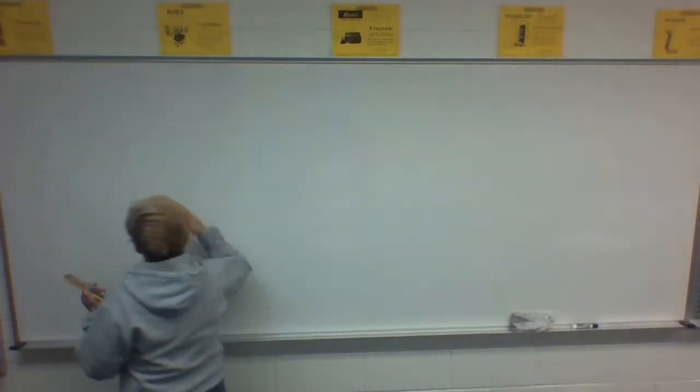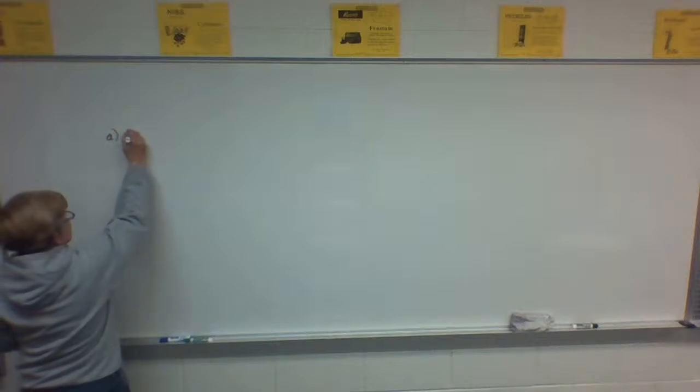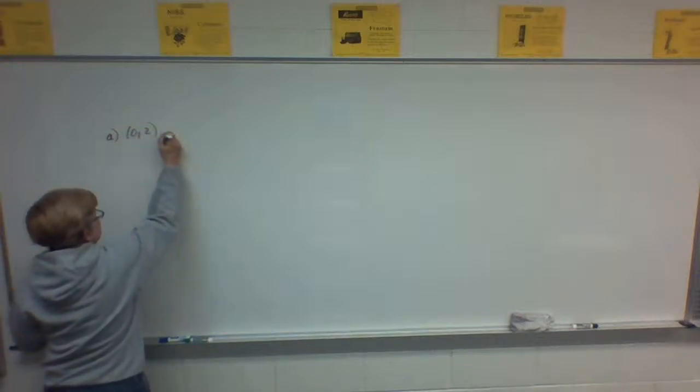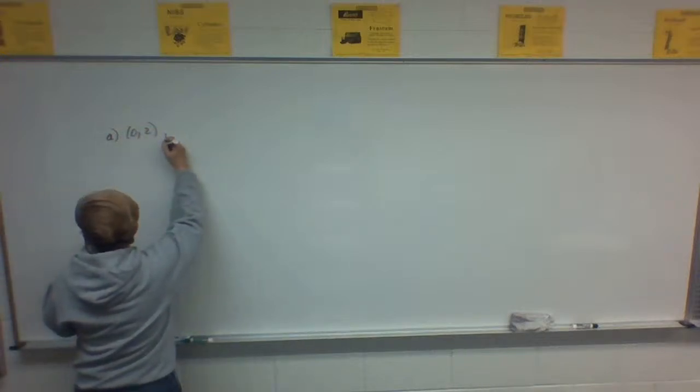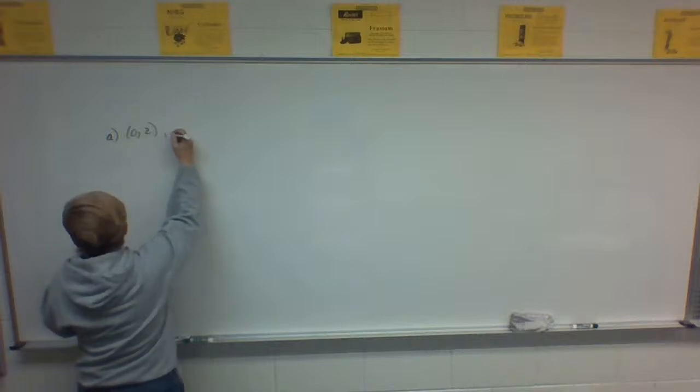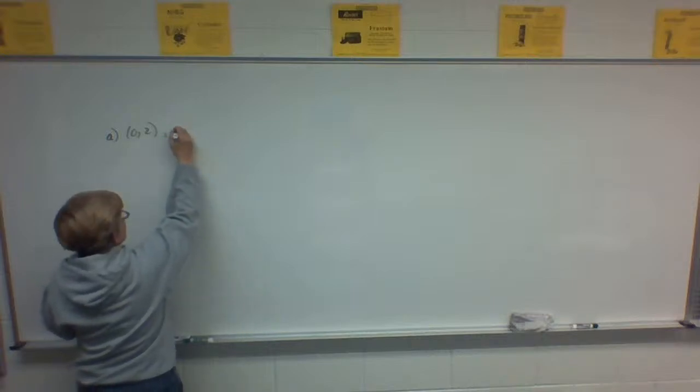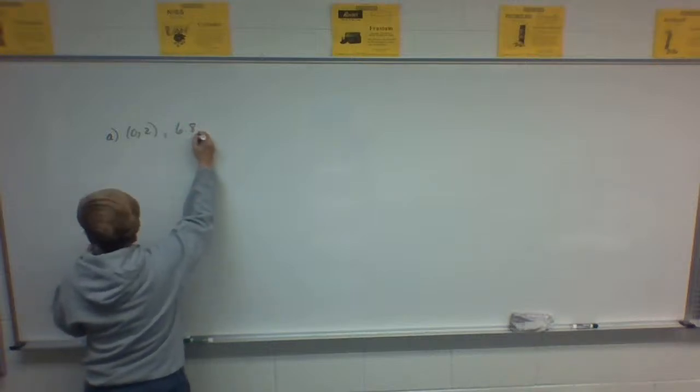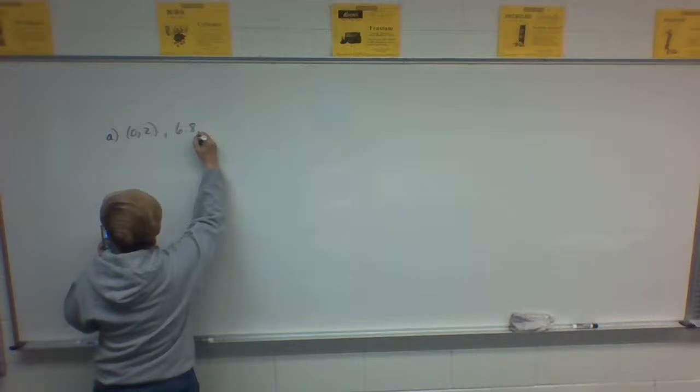Get closer to that intersect point before you hit enter. So the A part on this one is 0, 2, and 6.8, comma, 3.61. I'm gonna call it that because there's 2 zeros after it.